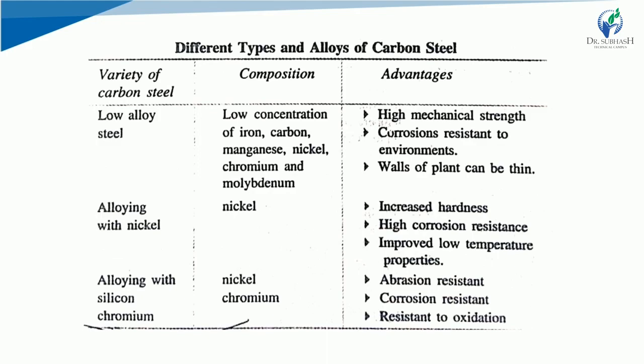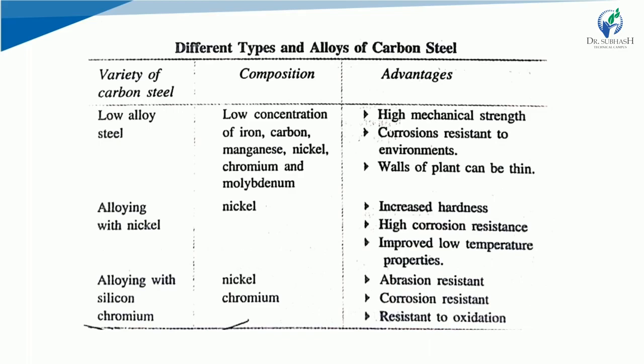Variety of carbon steel, as you can see, first one is low alloy steel. Its composition contains low concentration of iron, carbon, manganese, nickel, chromium and molybdenum. Advantages are high mechanical strength, corrosion resistance to environment, and walls of plant can be thin. So this is the advantage of low alloy steel. What is the second one? Alloying with nickel. Composition: nickel.